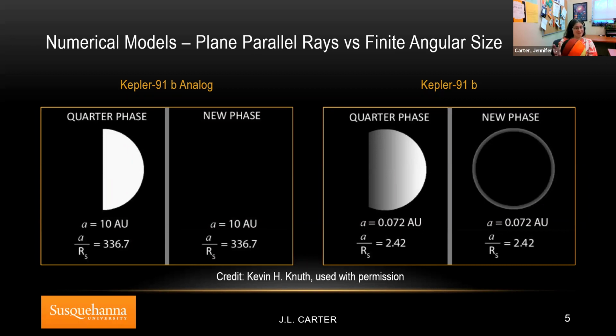So if we assume, as we should, that the thermal radiation is coming at least in part from heating by the host star, which is roughly mapped here in reflected light, then it seems reasonable that to account for this weird gradient, we might need more zones than in a case like this one, where it's very clearly like half of the planet receives all the light and half does not.